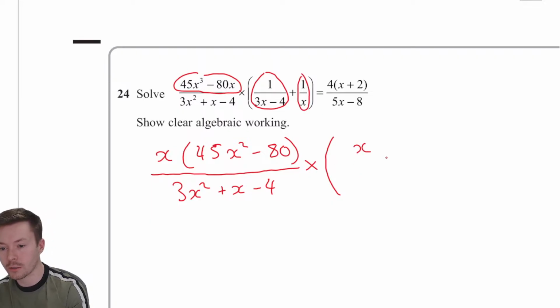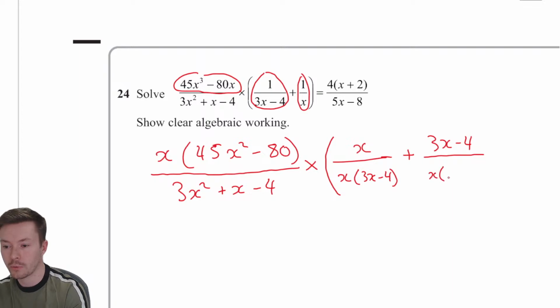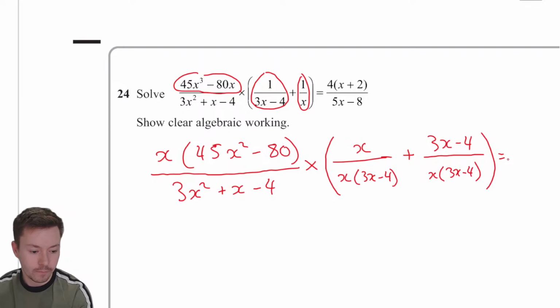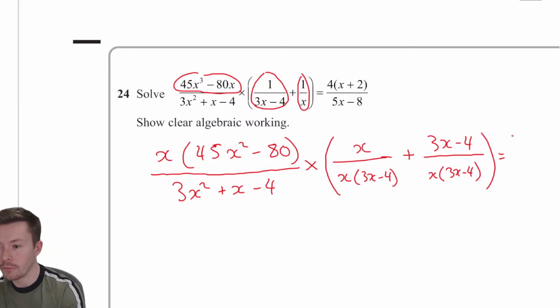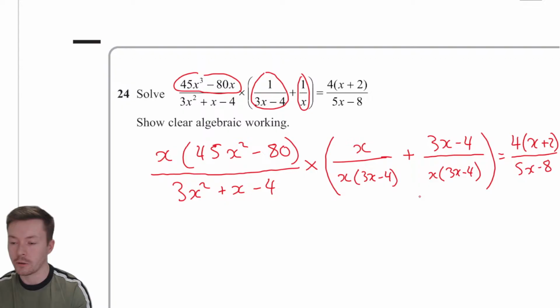So we're going to get x over x(3x minus 4) plus (3x minus 4) over x(3x minus 4). Okay, and that's equal to what we had at the start, 4(x plus 2) over 5x minus 8. We still need that bit because we do need to solve it in a second.